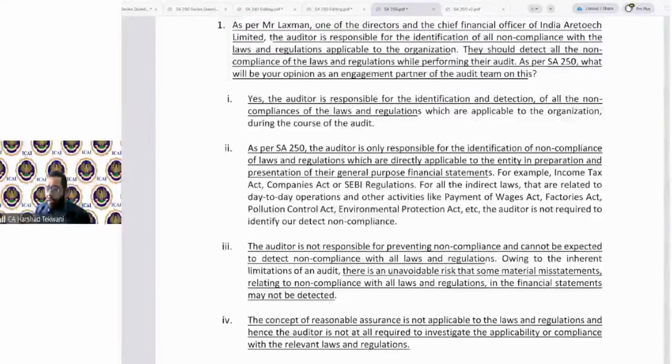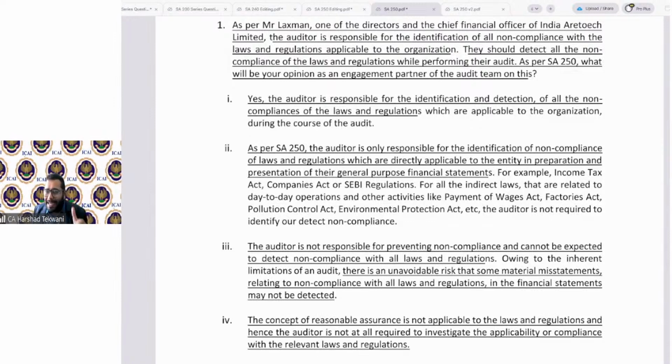When you talk about SA 250, it talks about the responsibility of the auditor. The requirements under SA 250 are designed to assist the auditor in identifying material misstatement due to non-compliance.